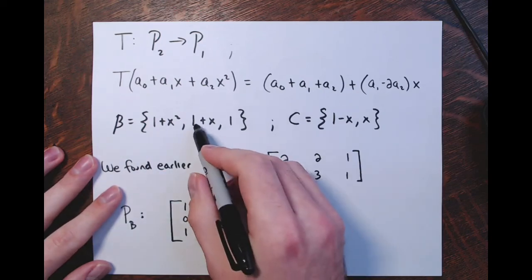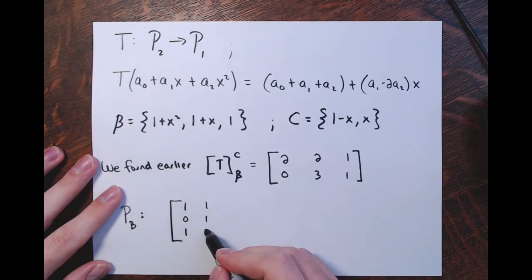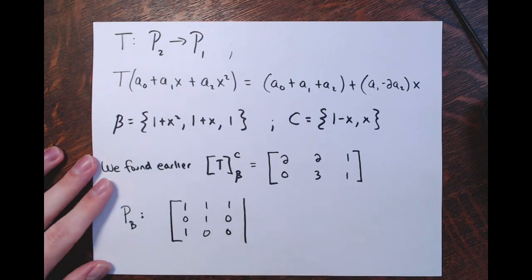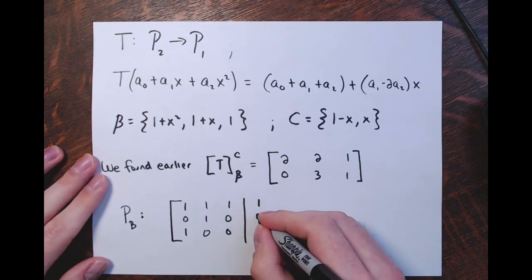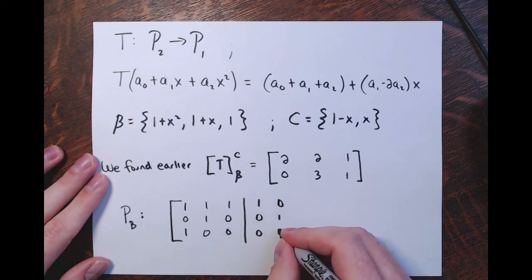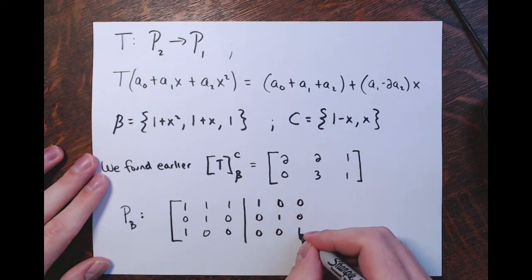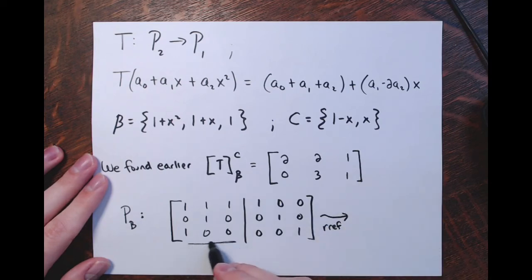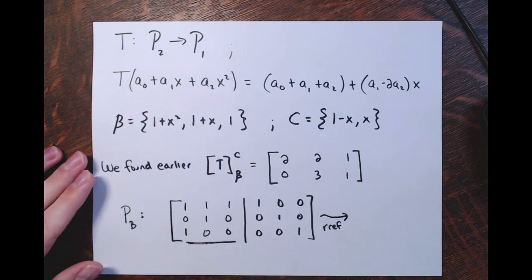Right? 1 plus x would be 1, 1, 0, and then 1 would be 1, 0, 0. Okay, and then you have representing the standard basis 1, which would be 0, 1, 0, and x squared would be 0, 0, 1. And then I'd put this in reduced row echelon form, or just find the inverse of this matrix, because that's really what you're doing.